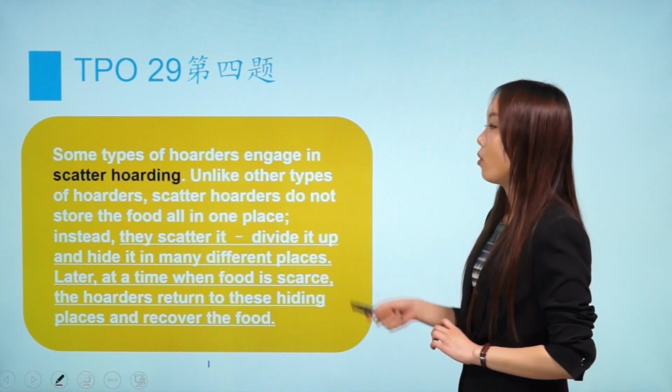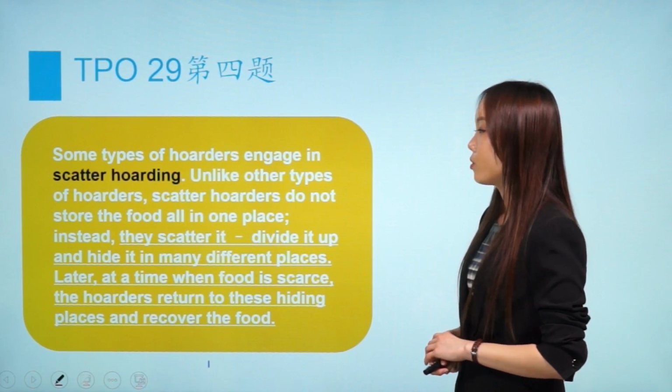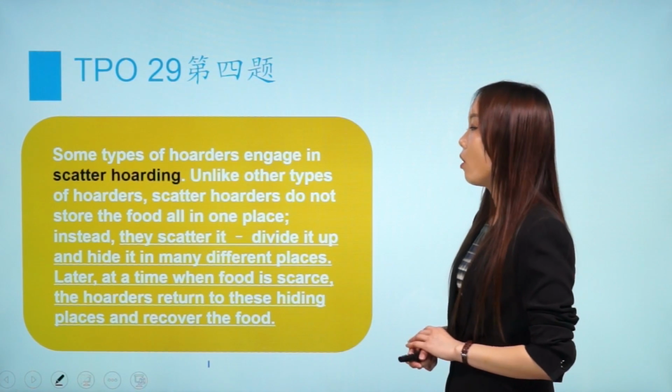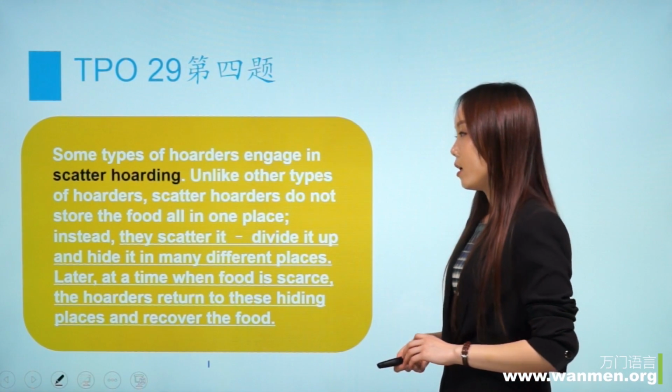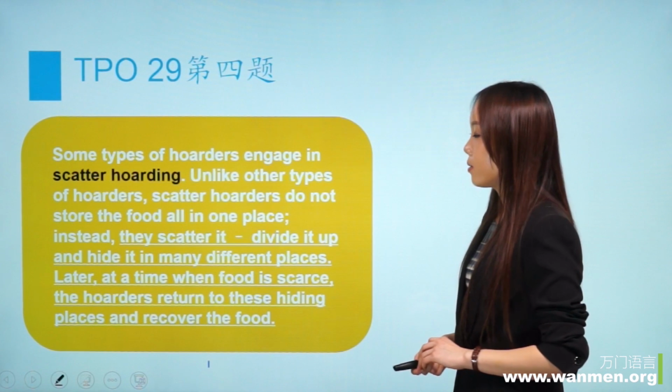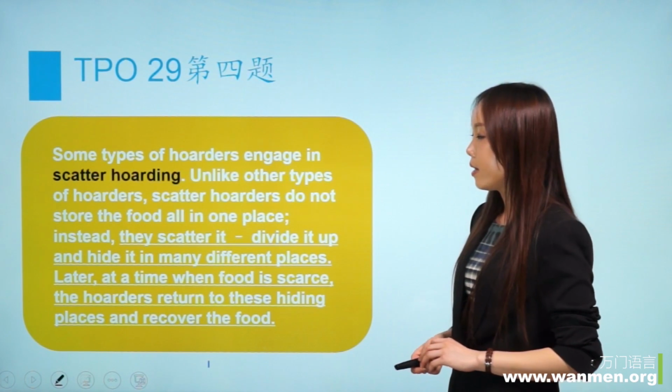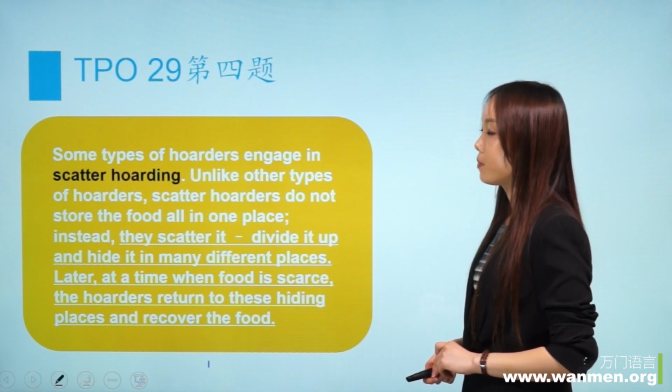Unlike other types of hoarders, scatter hoarders do not store the food all in one place. Instead, they scatter it, divide it up, and hide it in many different places.